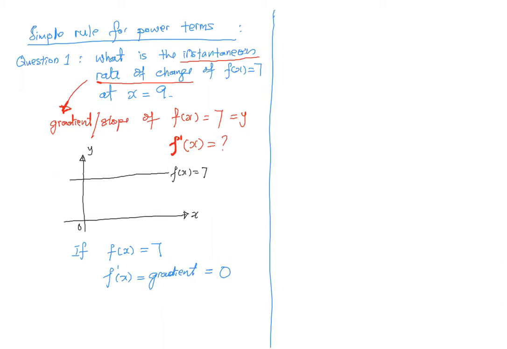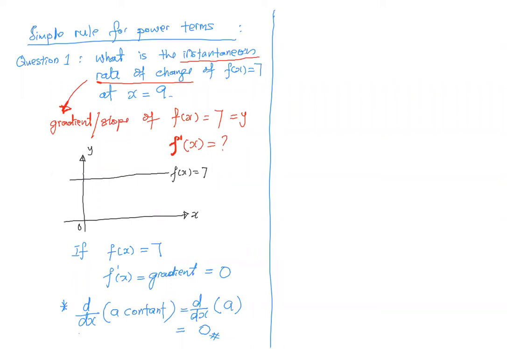So that is the first thing that all of us have to remember. If I find the derivative of a constant, usually I write the constant as a. The constant doesn't depend on x, so the rate of change is equal to 0.